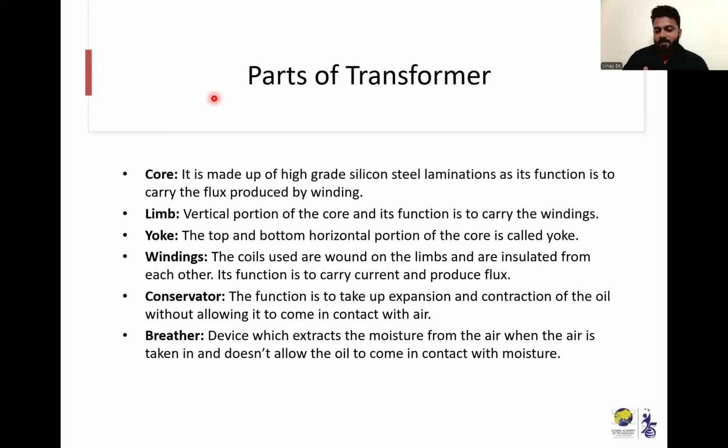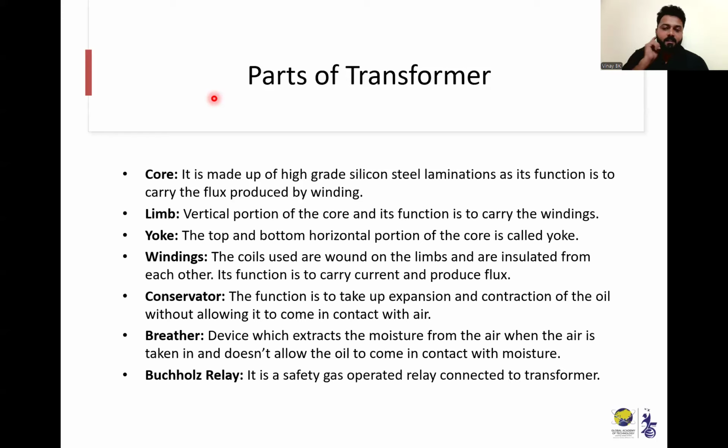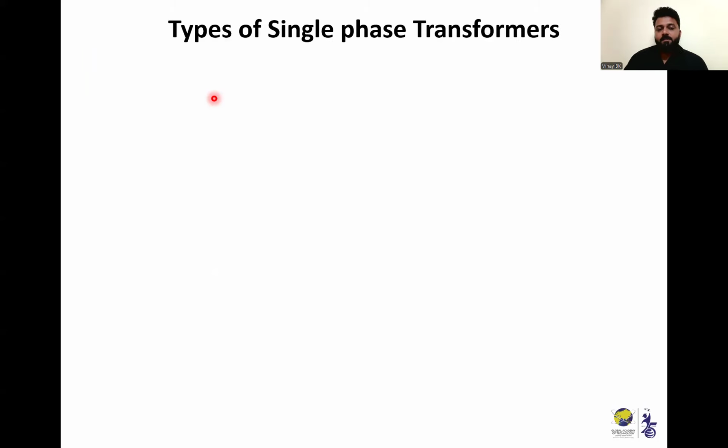And a breather, the device which extracts the moisture from the air when the air is taken in and doesn't allow the oil to come in contact with the moisture. And for protection, the Buchholz relay, a safety gas operated relay connected to the transformer. The next topic is types of single phase transformer. I will explain that in the next video.